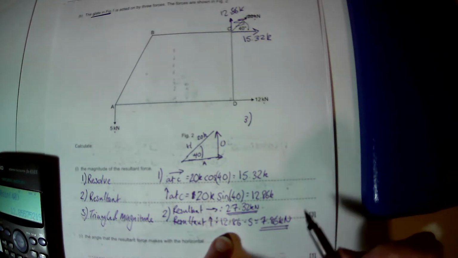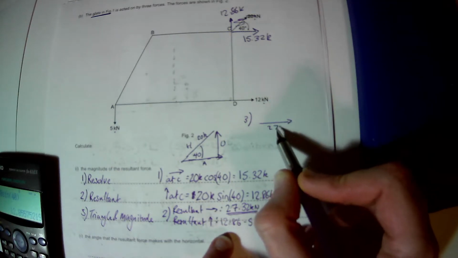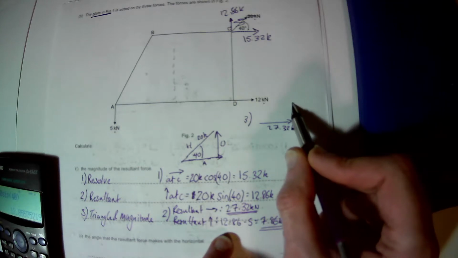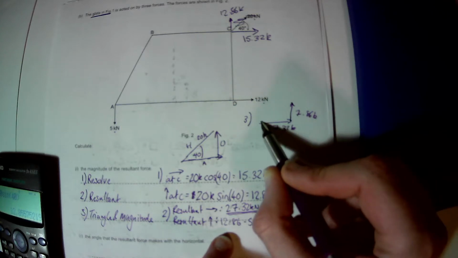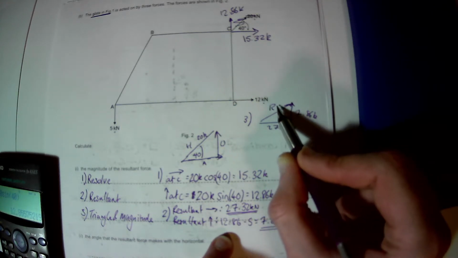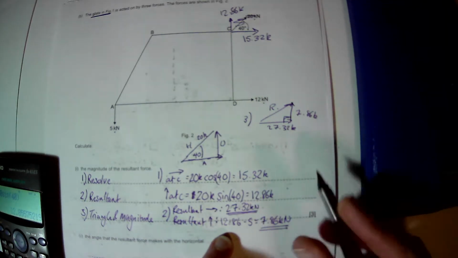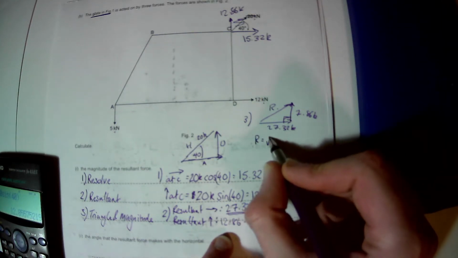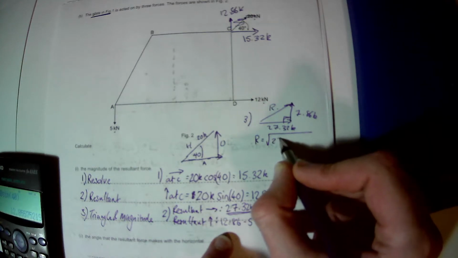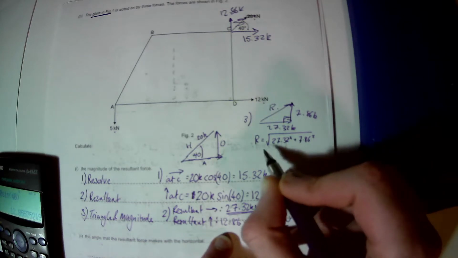Now, we take these two forces that we just calculated and we draw them into a triangle. So the across one is 27.32k, the upwards one is 7.86k, and we are wanting to find the resultant. This is a right angled triangle because horizontal and vertical are right angles to each other, so we can use Pythagoras here. The size of my resultant is going to be the square root of 27.32 squared plus 7.86 squared.